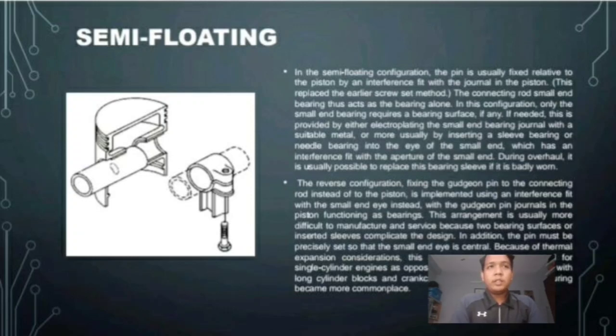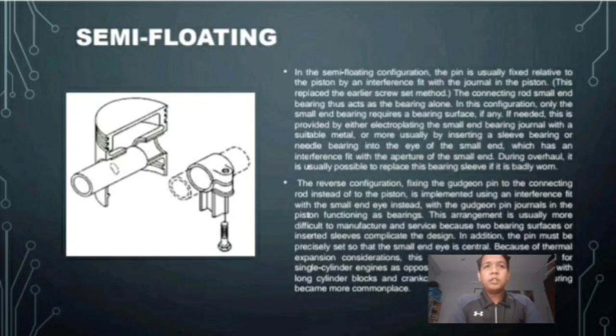If needed, it is provided by either electroplating the small end bearing journal with a suitable metal, or more usually by inserting a sleeve bearing or needle bearing into the eye of the small end, which has an interference fit with the aperture of the small end. During overhaul, it is usually possible to replace this bearing sleeve if it is badly worn.